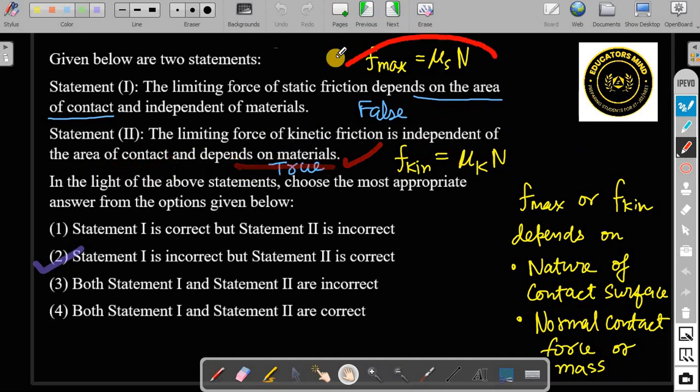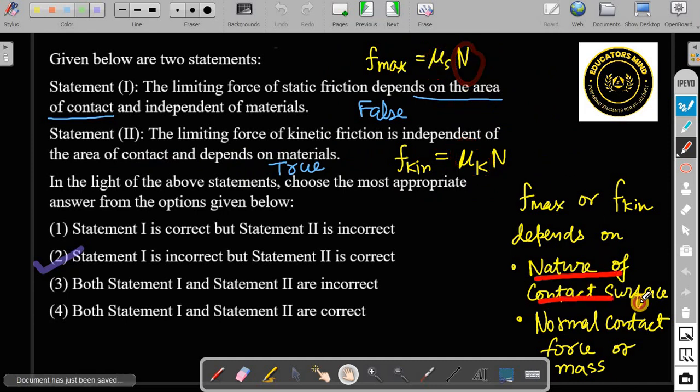So on what factors does friction depend? According to the law of friction, friction depends on mu and normal. Mu depends on the nature of the contact surface, like two different materials, right? And the normal contact force depends on the mass of the object, of course.